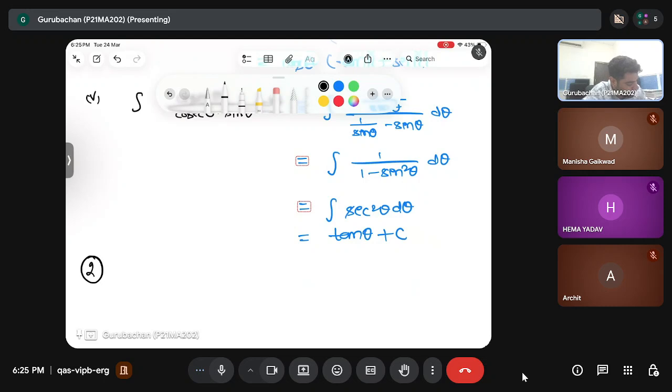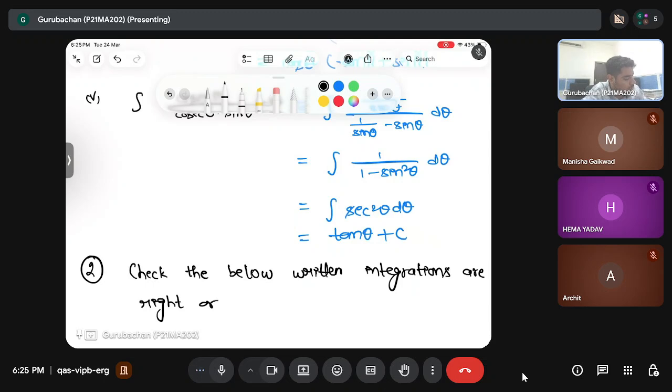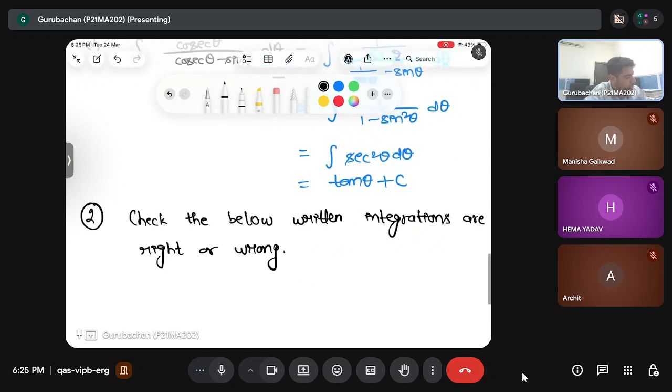So check whether the below written integrations are right or wrong, and calculate the correct value if it is wrong.